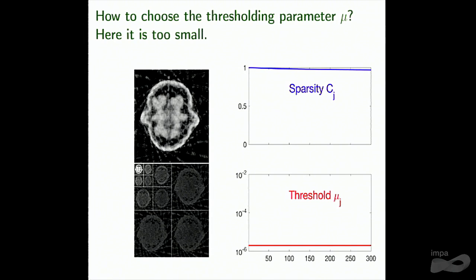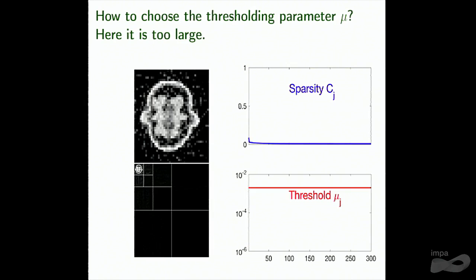And we see that the sparsity level of our iterate, so meaning what is the ratio of non-zero wavelet coefficients in the iterate, we see that almost all wavelet coefficients are non-zero because we have such a small threshold. We are not throwing away much of the coefficients. And then we see that almost all of the coefficients are used, and this is our reconstruction.